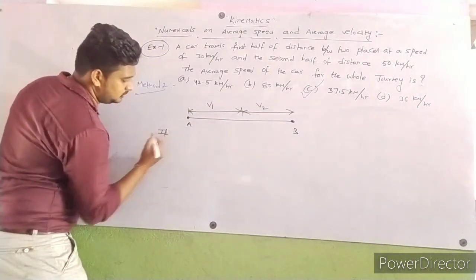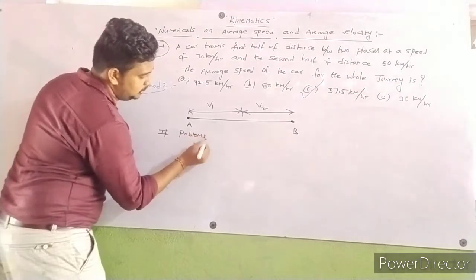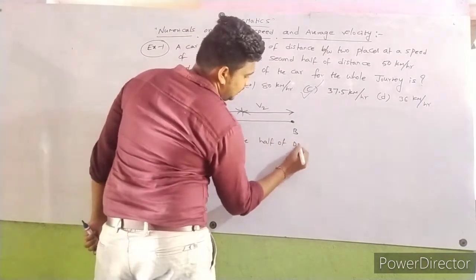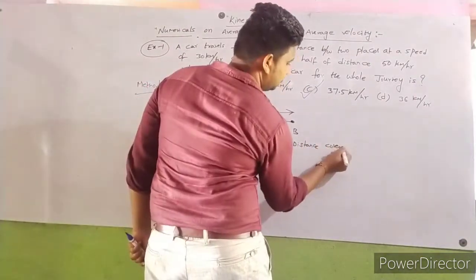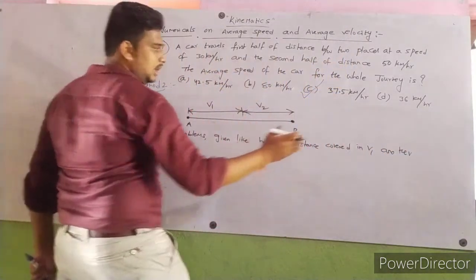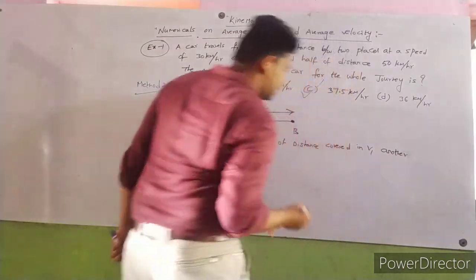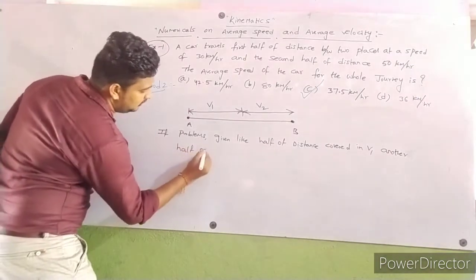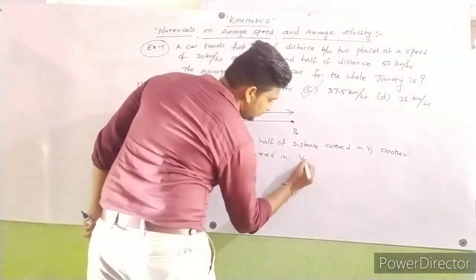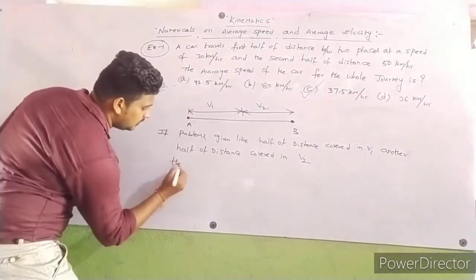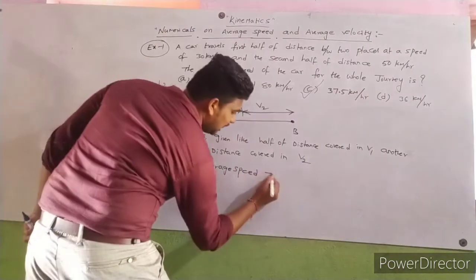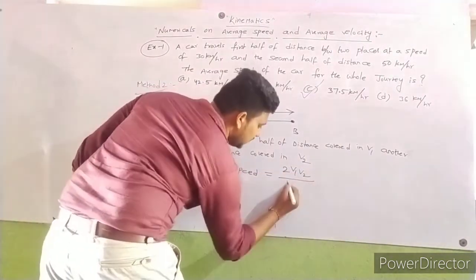So if a problem is given like this, half of the distance covered in V1, another half of the distance covered in V2, then for average speed the formula we get is 2V1V2 by V1 plus V2.